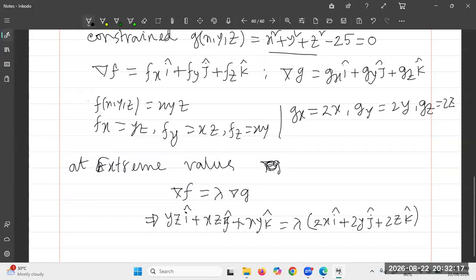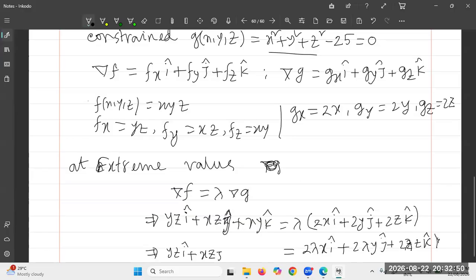Xz, yes, this is j vector, I'm sorry. So on the right hand side, the i component is twice lambda x i, twice lambda y j, and twice lambda z k. The left side is yz i, xz j, and xy k.